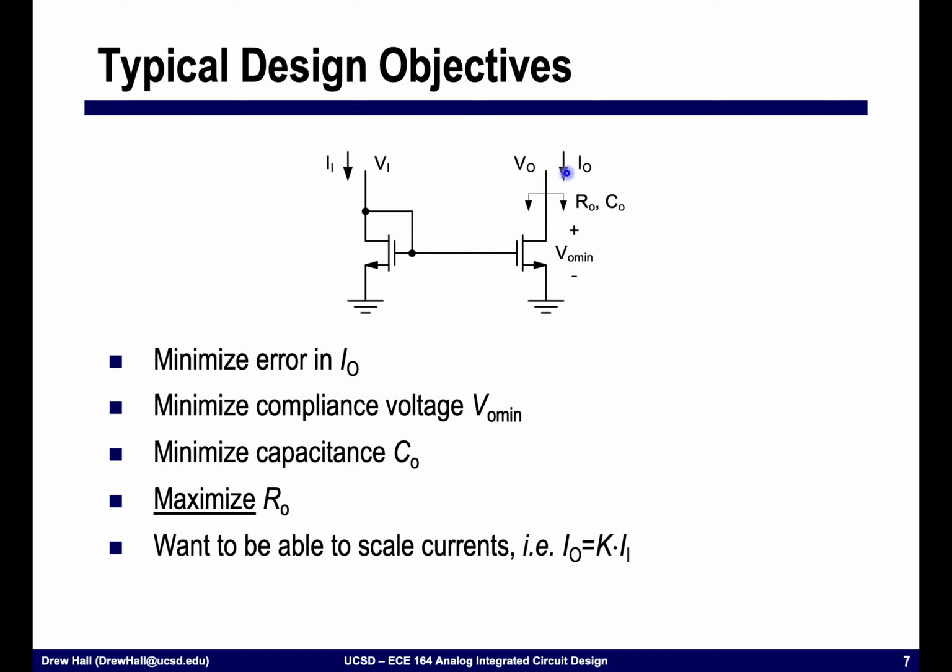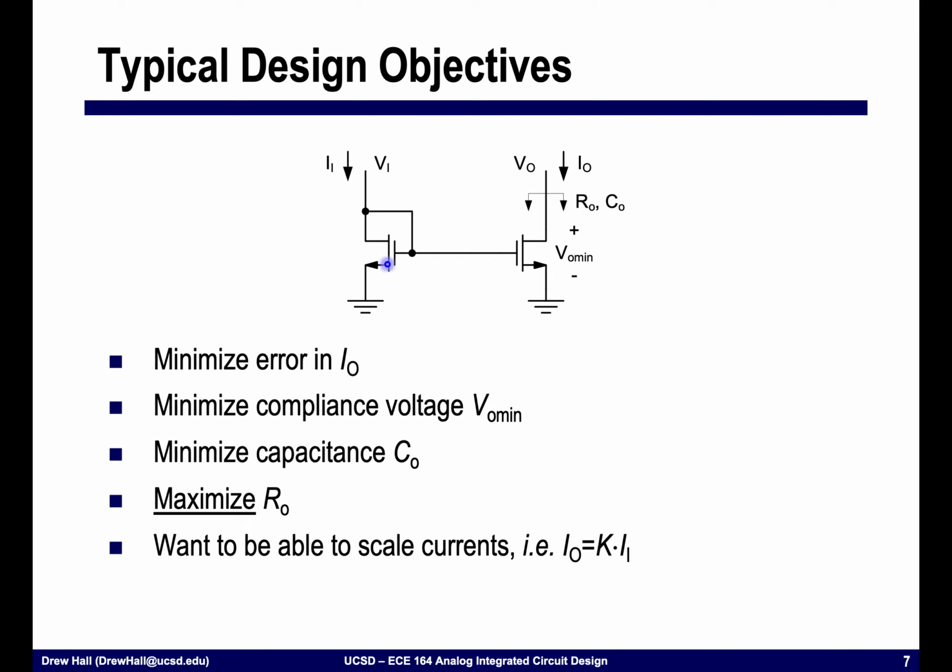Additionally, we're going to bias another amplifier or another circuit with this structure. And so we want to minimize what's called the compliance voltage, or the voltage that I need on this node in order to keep this transistor in saturation.